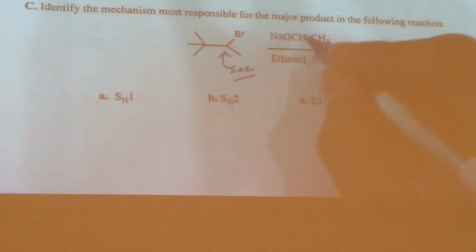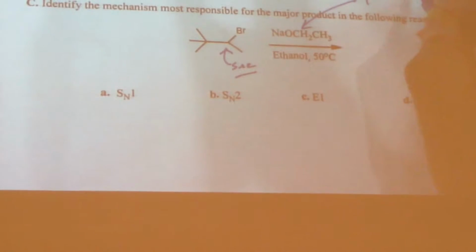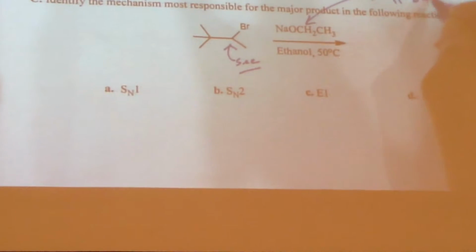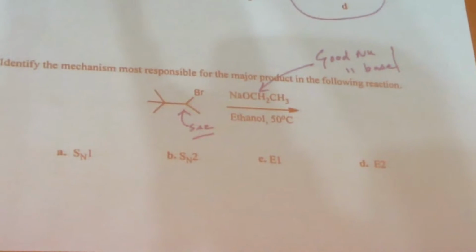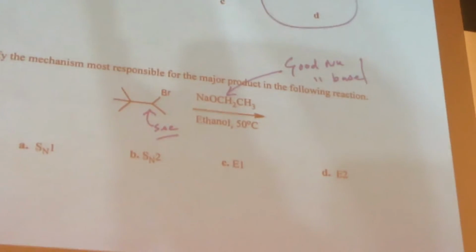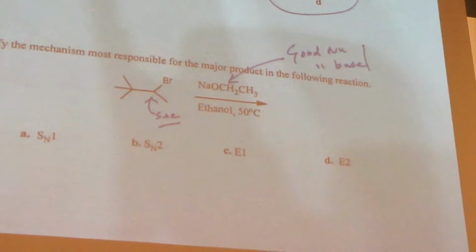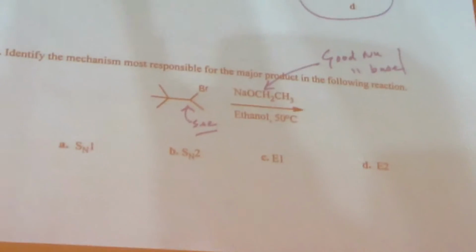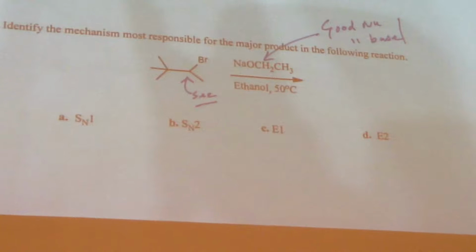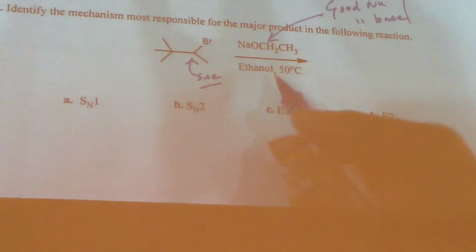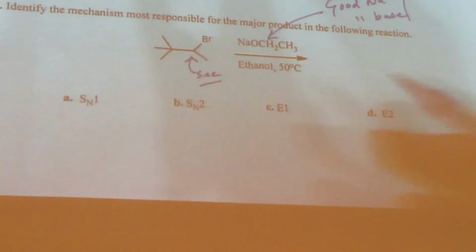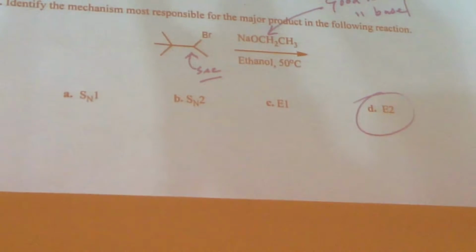In this case, it's a good nucleophile and a good base. But because this is secondary, the base character is more important. If it was primary, then it would act as a nucleophile. But as soon as it's secondary, the base character is particularly important, and that is going to undergo elimination by the E2 process. So this is the answer.